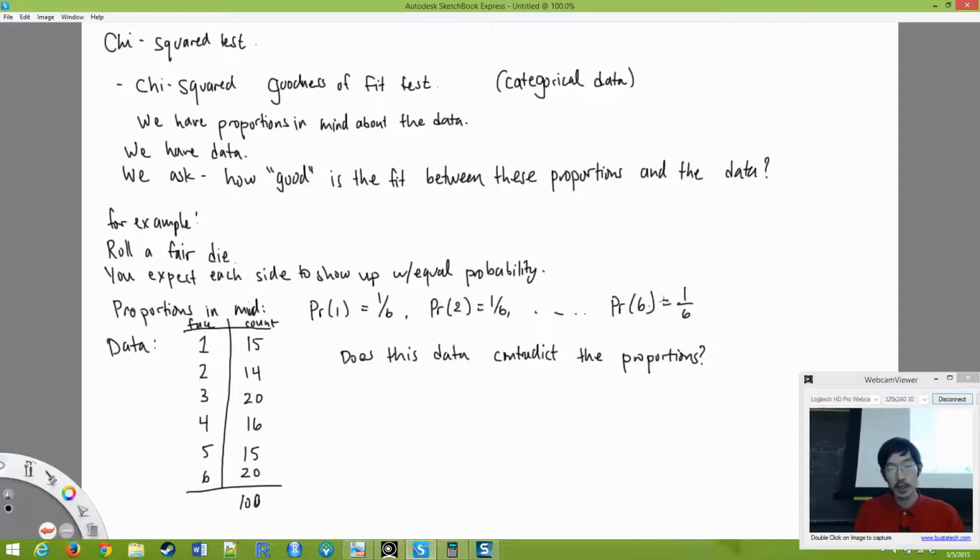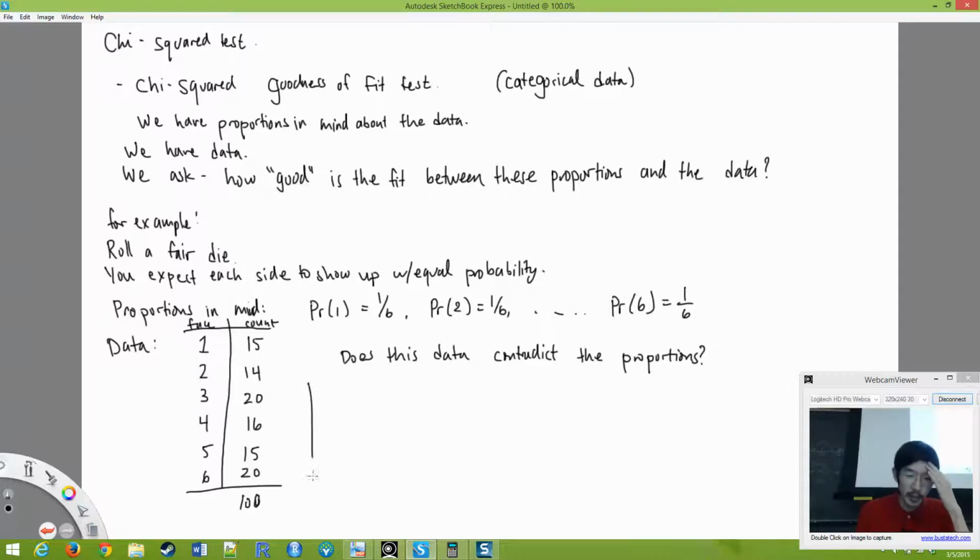We're expecting certain things, and in this case the proportions happen to be all the same for a fair die, but it's not necessarily the case. Your data looks like this, and you want to know how good is the fit between these proportions and the data. That's why we call it the goodness of fit test.